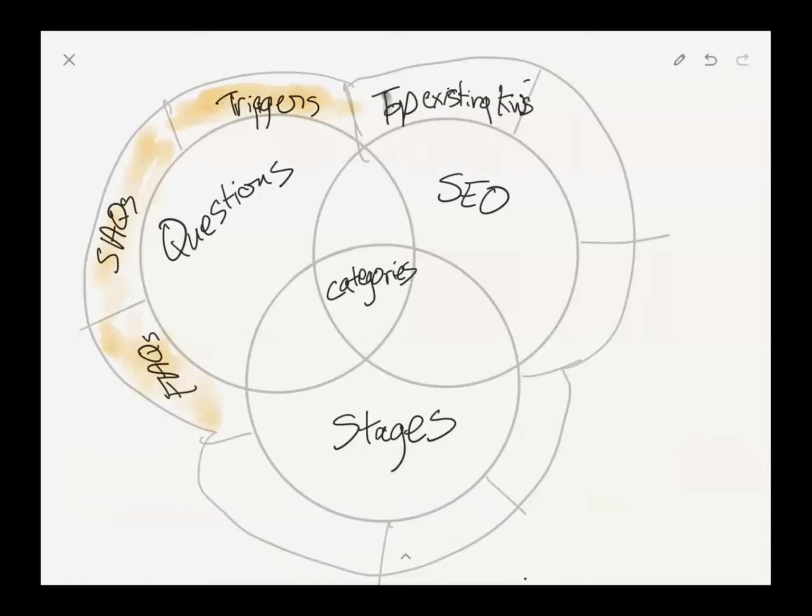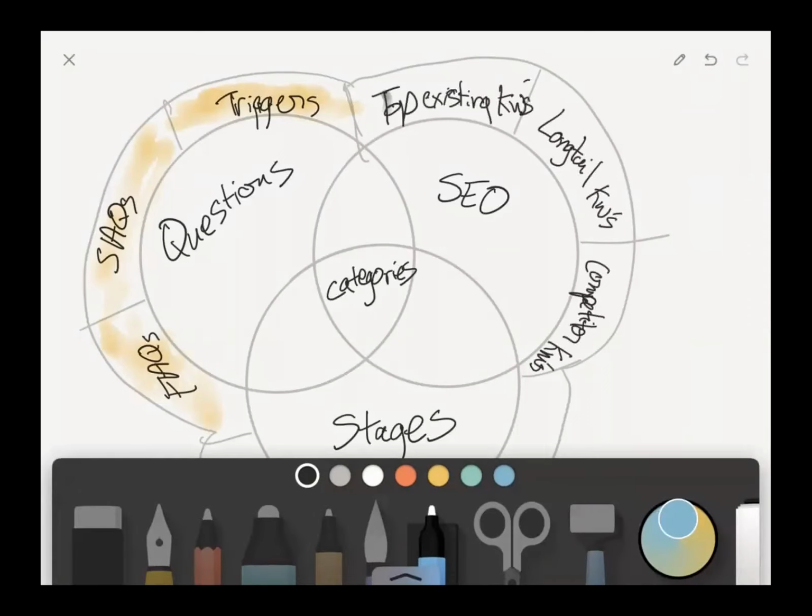And then our long tail keywords, and then our competitor keywords. All right, so our top existing keywords are things that we're already ranking for.